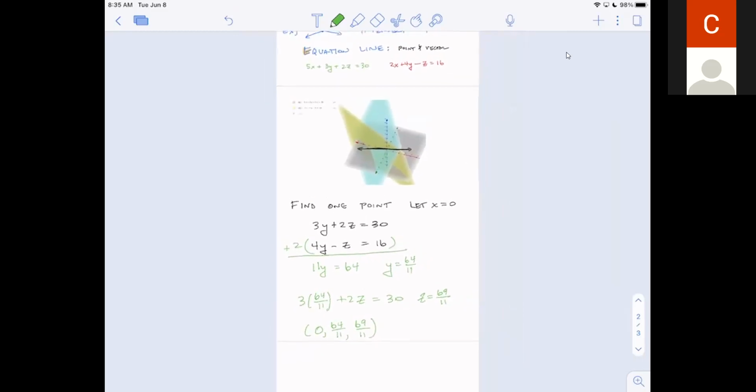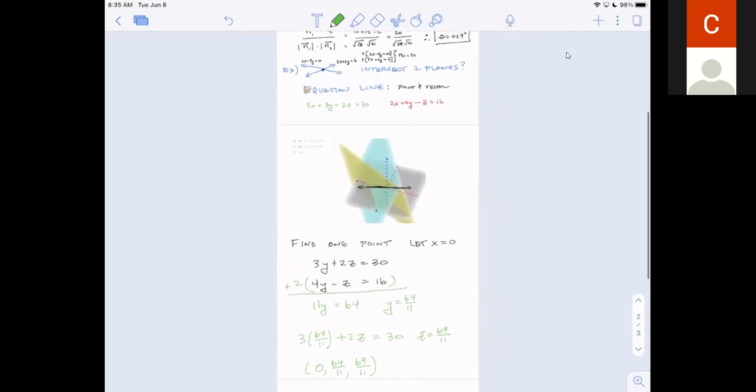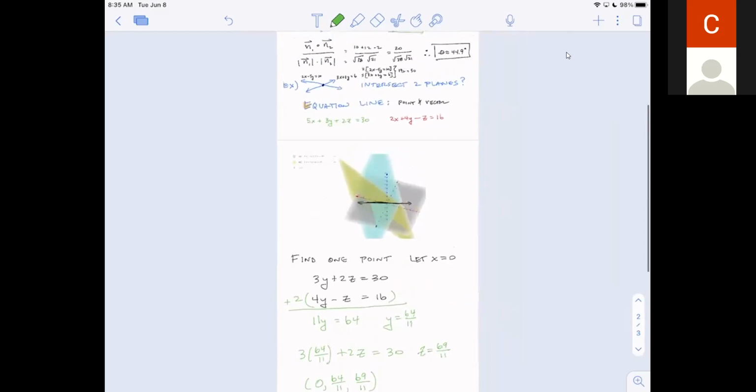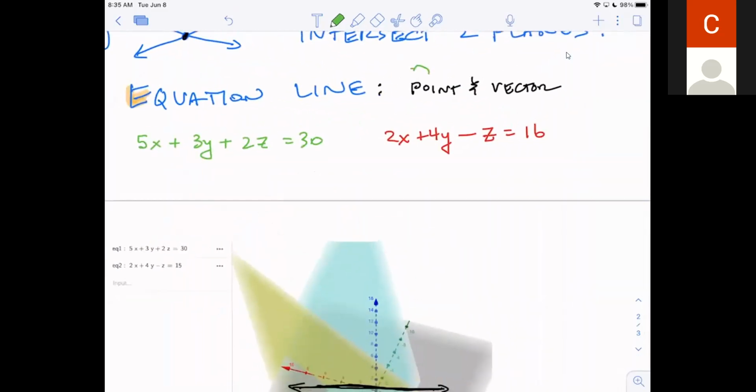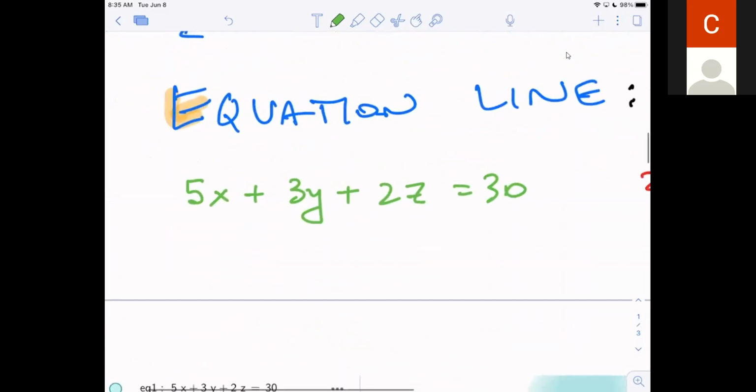So I found a point. How am I going to get a vector? What does it take to make a vector? Again, I'm interested in you thinking here. I'm going to show you a crazy shortcut in a second for this.